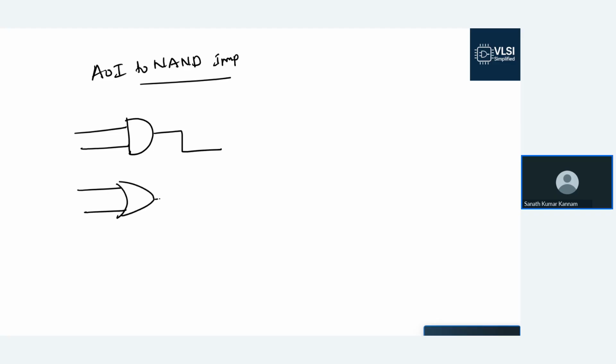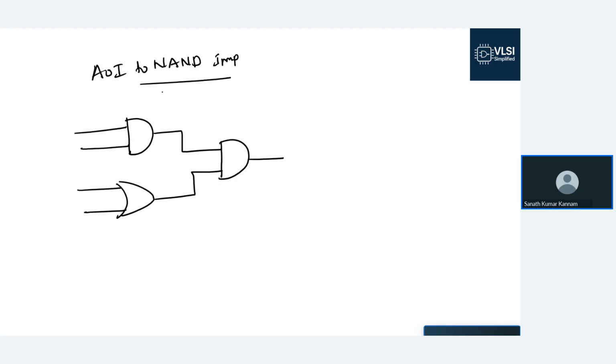From the logic diagram, you need to realize it only by using NAND gates. So this logic diagram you need to implement only by using NAND gates. Okay, this is A, B, C, and D.